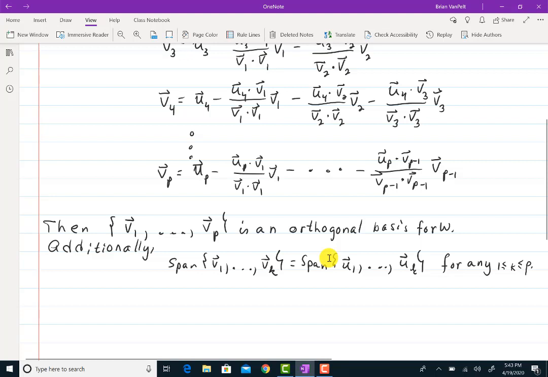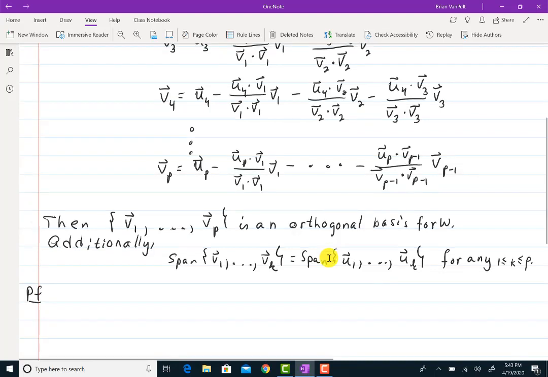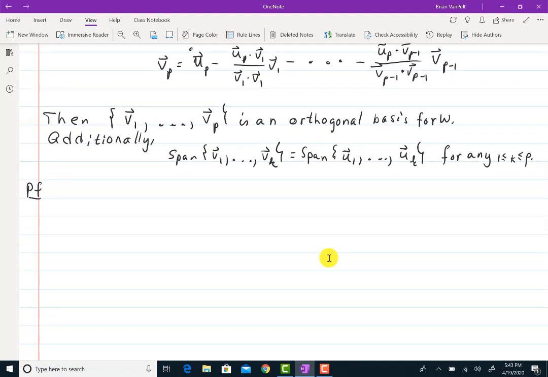etc. So for the proof, if you're familiar with mathematical induction, then you'll probably recognize what we're going to do in this proof, because the steps are a lot like, if not identical, to what you would do for mathematical induction. But anyways, let me take my k anywhere between 1 and p. Let w sub k equal the span of u1 up to uk.